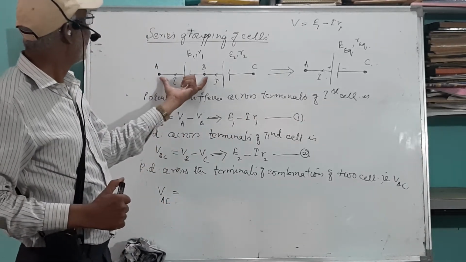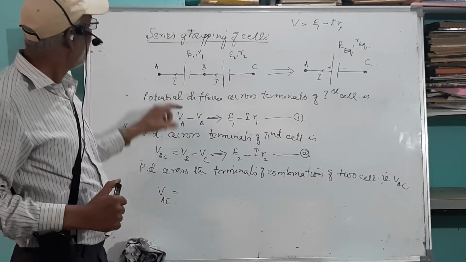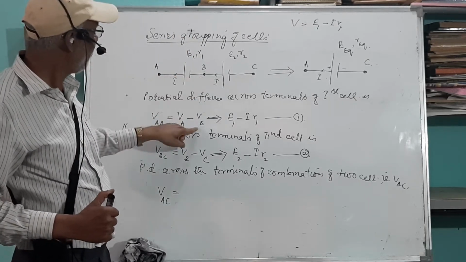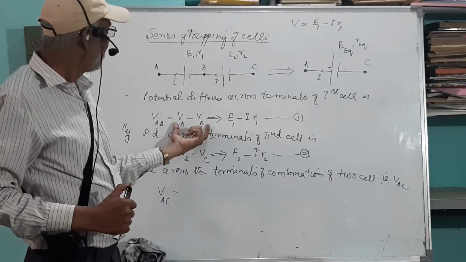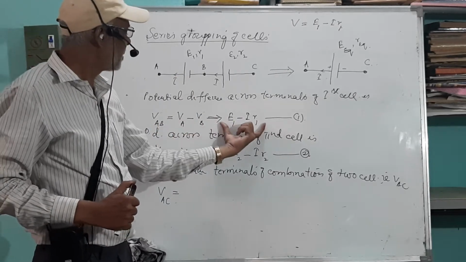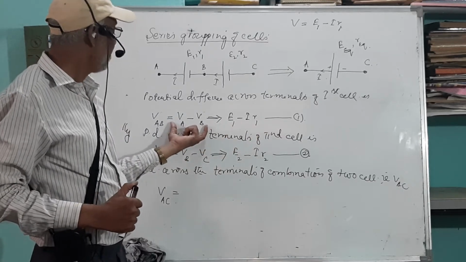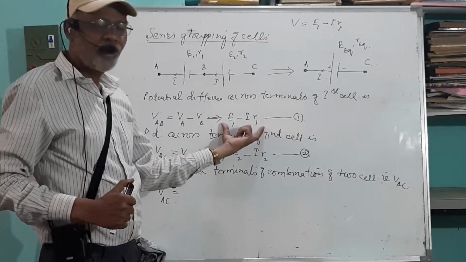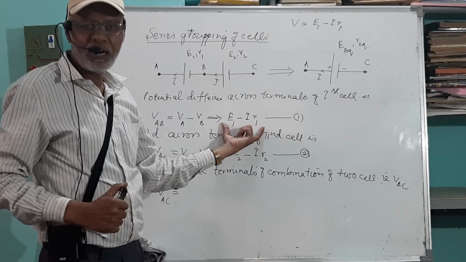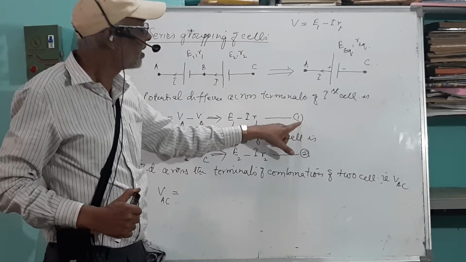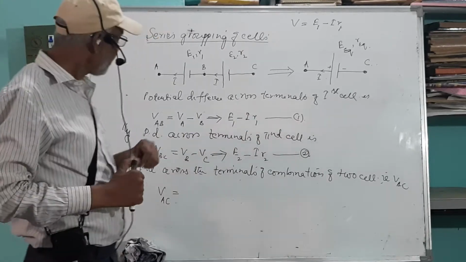These are the two ends of the first cell: the potential at A is VA and the potential at B is VB. As you know, the expression for this, the potential difference between points A and B, is equal to E1 minus I1 R1. So you can call that equation 1.